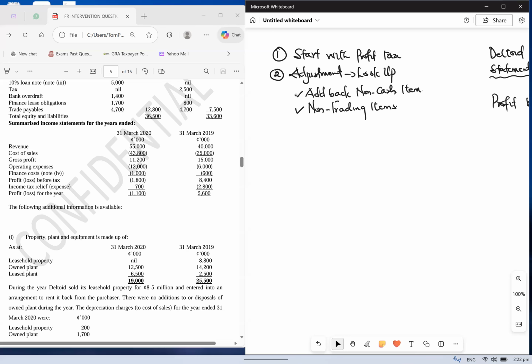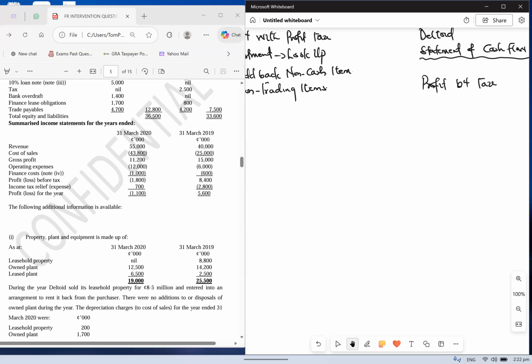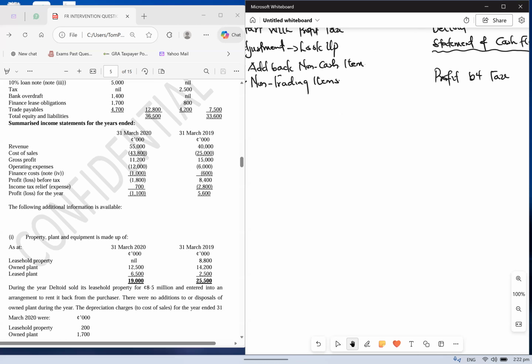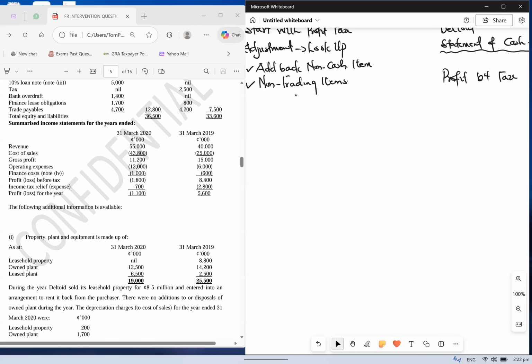But for now, look up, do you see any non-trading items? Anything that doesn't belong to trading, anything that is there that is not because of trading, like expenses of distribution, admin, or those things. What do you see there that is not trading?